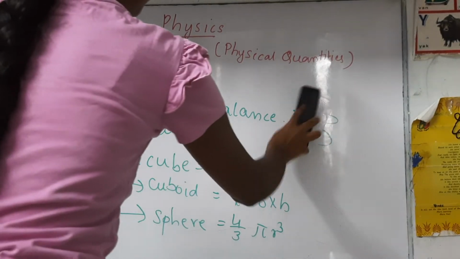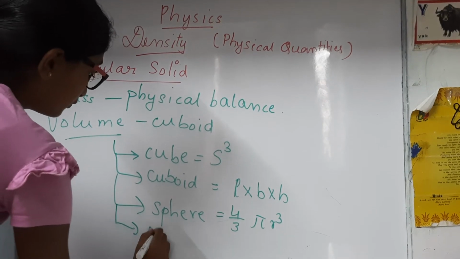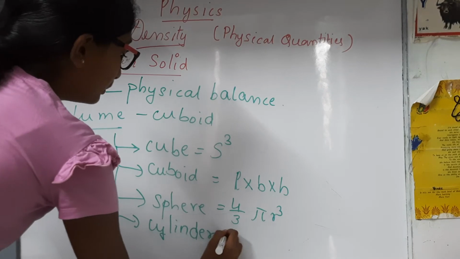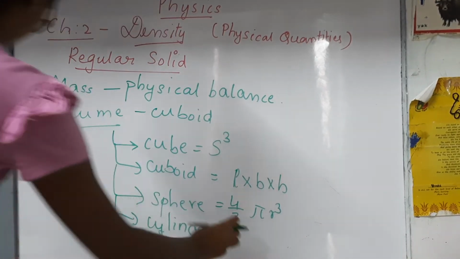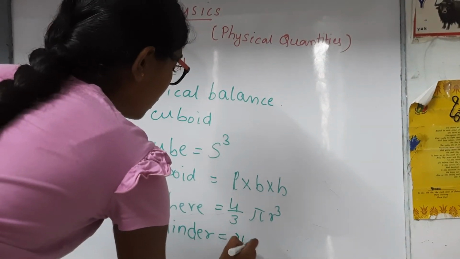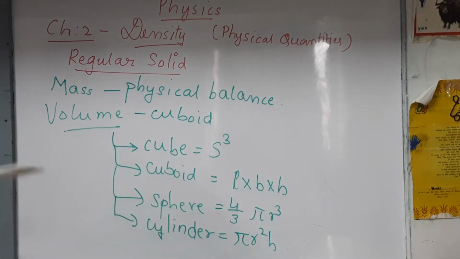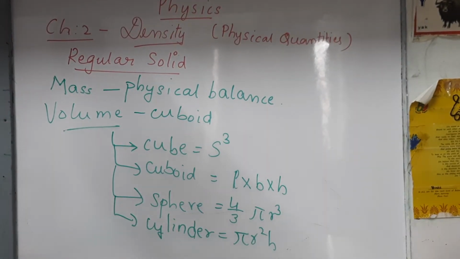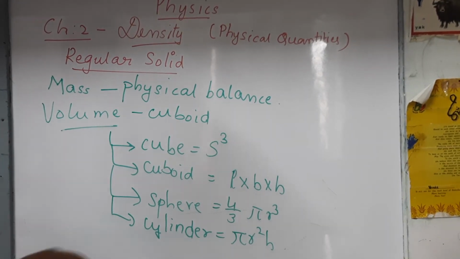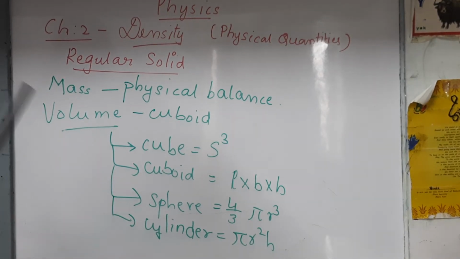So we can remember it like that as cube. For a cylinder, the volume of a cylinder will be pi r square h. Here h is height, r is radius, and pi's value is 22 by 7 or 3.14.